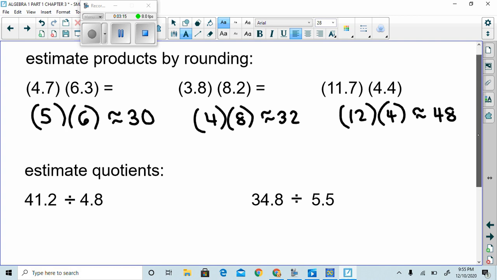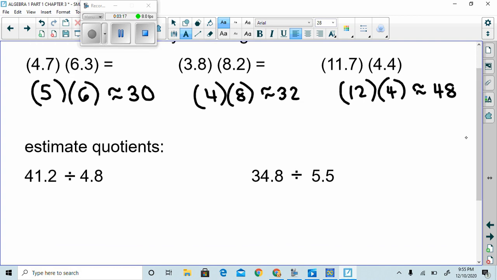Quotients were a little different. We were rounding the divisor, and then we were finding a compatible number. 4 8/10 is 5, rounds to 5. I think about numbers near 41 that are close to 5, and I'd say 40, and that's approximately equal to 8.